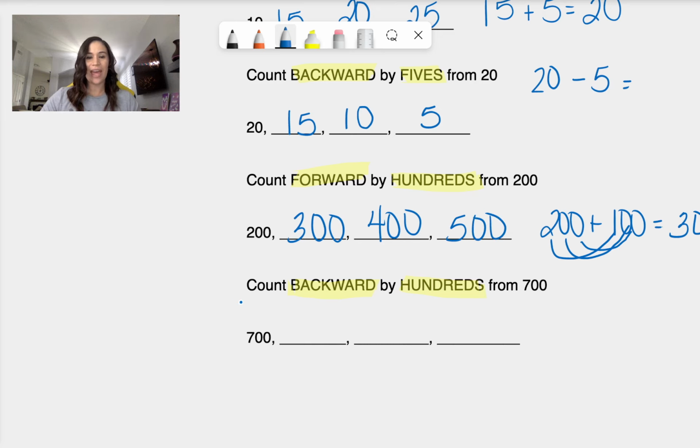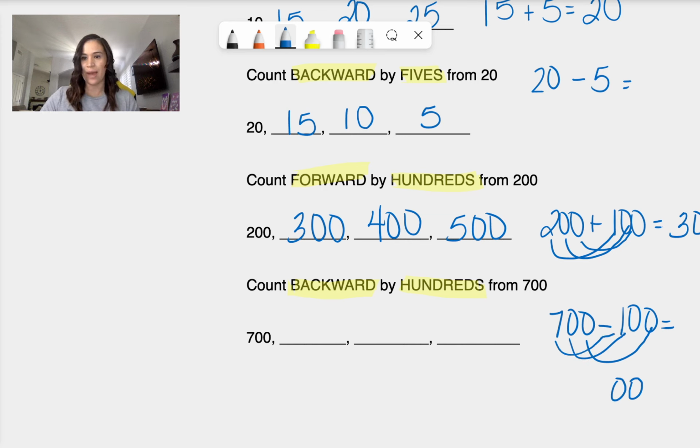Okay? And then our last one we're going to do is we want to count backwards. We want to count down by hundreds from 700. So if we had 700, we want to go down by 100. So 700 minus 100. So we have our ones place. Sorry, I didn't realize that one got cut off. I apologize. Which would give us 0 minus 0 is 0. 0 minus 0 in our tens place is 0.